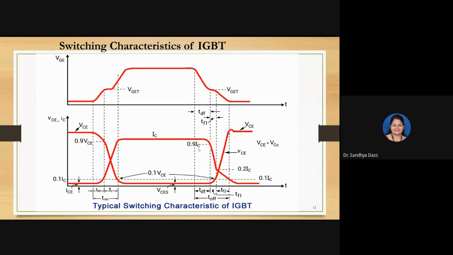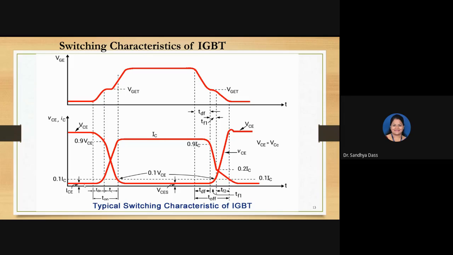So you see, you should be clear with the ideal characteristics of a device. Whenever a device is in off condition, the voltage across it will be maximum and the current flowing through it will be zero, ideally.